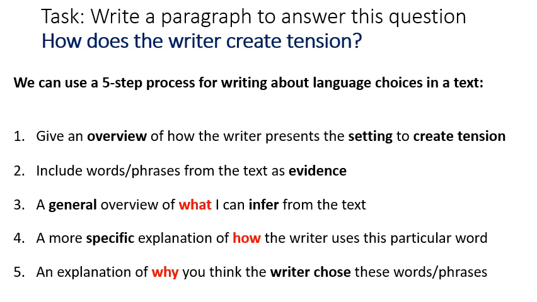So what does this show? Fourth, a more specific explanation of how the writer uses this particular word or phrase or punctuation or whatever it is you're writing about. Maybe it's used in contrast with something else. Maybe it's used in order to create connotations, to make you think other things. And finally, why you think the writer chose those words and phrases.